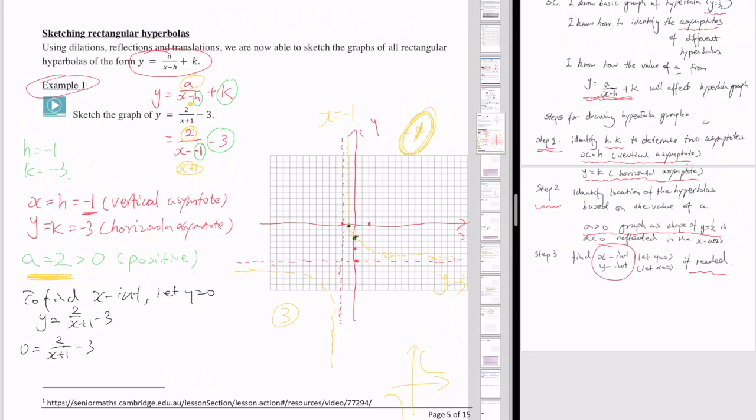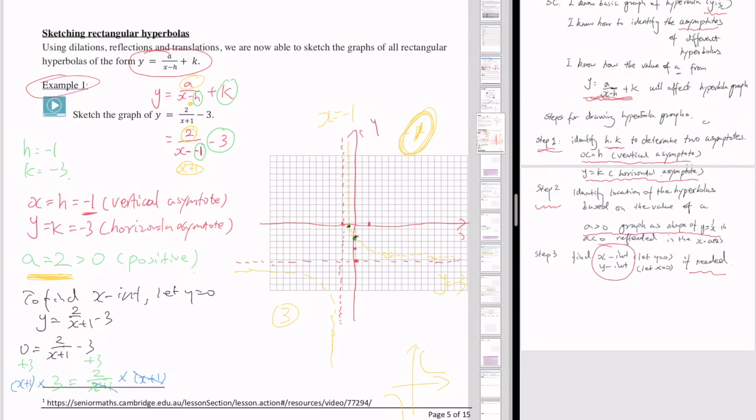We add 3 on both sides, that gives me 3 equal to 2 over x plus 1, and then I can multiply x plus 1 on both sides.